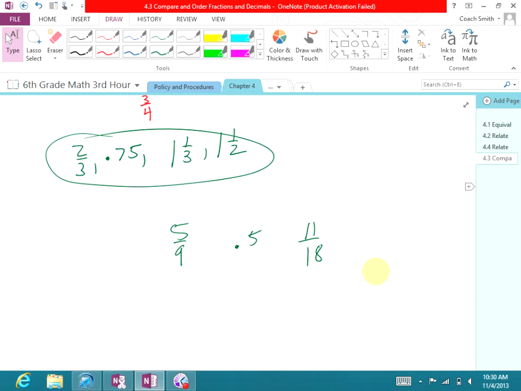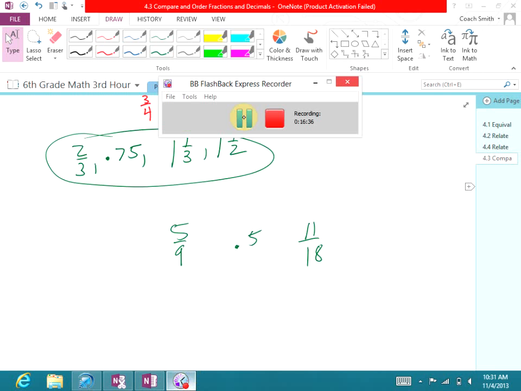Point 5, 5/9, and 11 over 18. Do that one on your own. From least to greatest, smallest to largest. Let's look at this one.